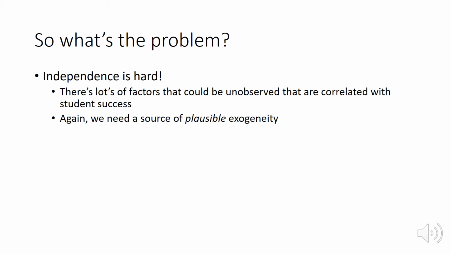So can anyone think of anything that determines class size that's uncorrelated with any of those outcomes? I see no hands, and that's a good sign because it's really hard to think of these things.